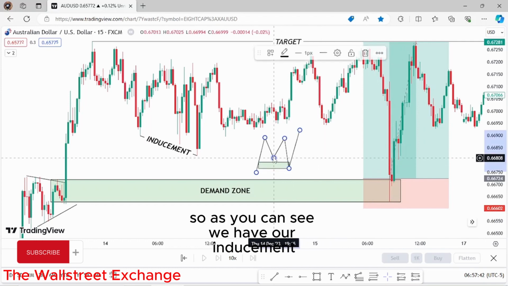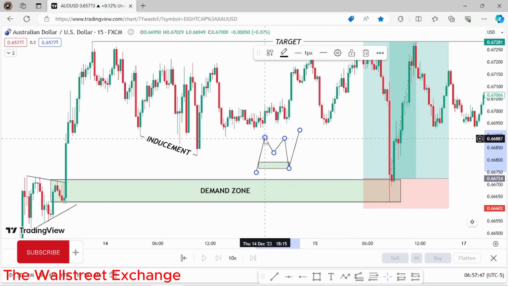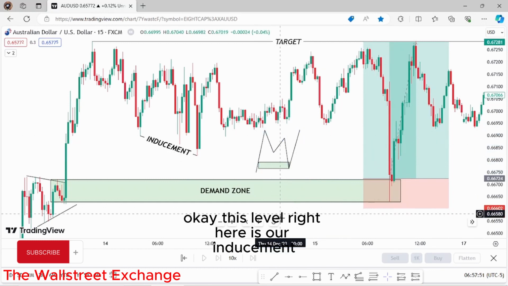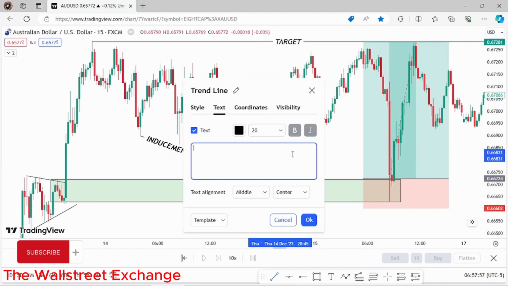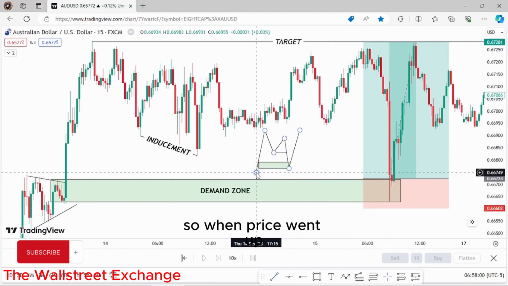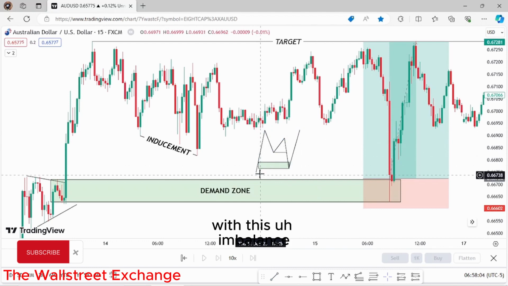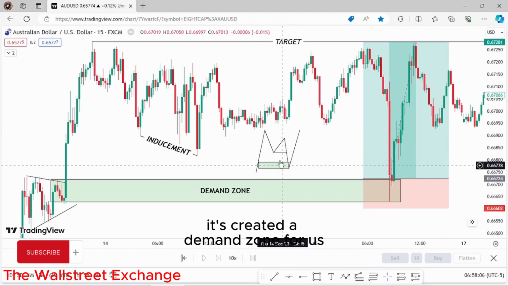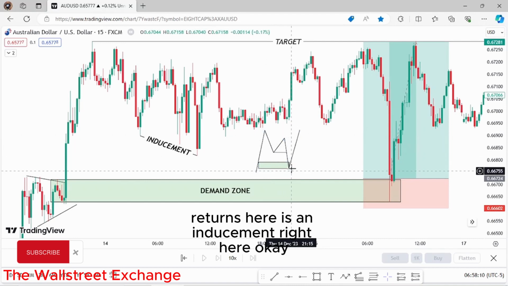So as you can see, we have our inducement clearly marked here. Okay, this level right here is our inducement. So when price went up with this imbalance, it created a demand zone for us, and every other thing that happened before price returns here is an inducement right here.